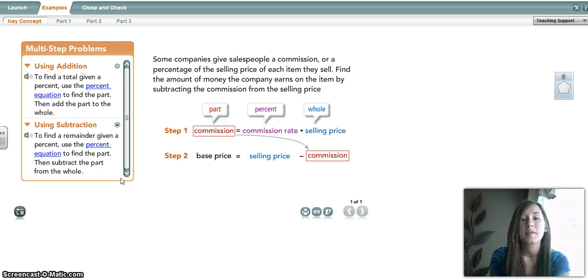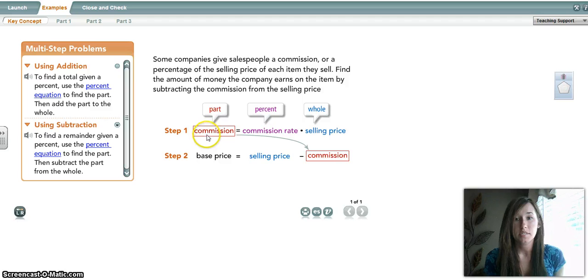Like, let's say that someone's working in a clothing store and they get commission. Let's say that their commission is 10%. Let's say they sell $200 worth of clothes, so they would get to keep 10% of that money. The store gets the main part, but the salesperson would get to keep a little piece of it. And that's just another part of how they make money at their job.